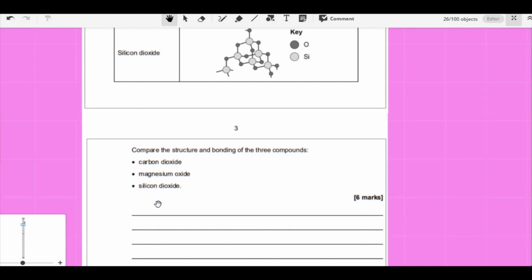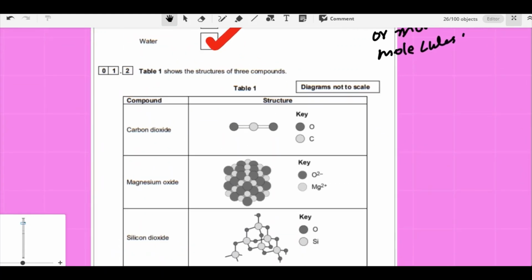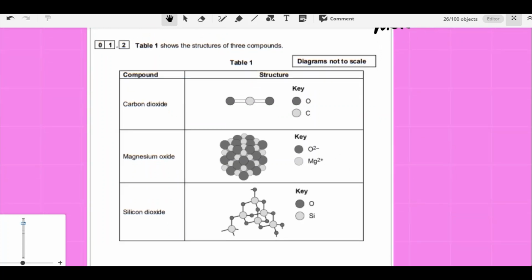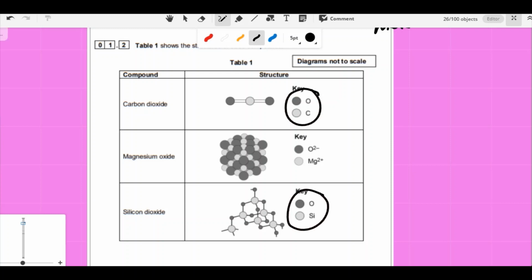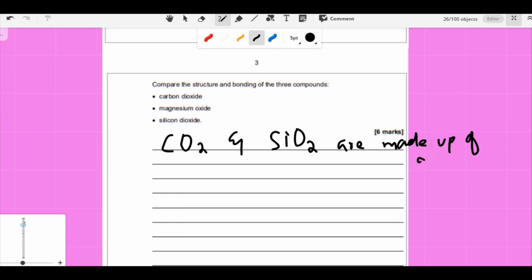So first of all, carbon dioxide and silicon dioxide are made up of atoms.